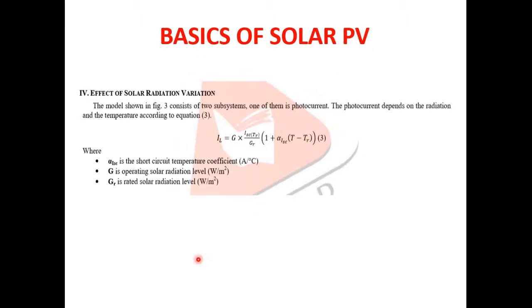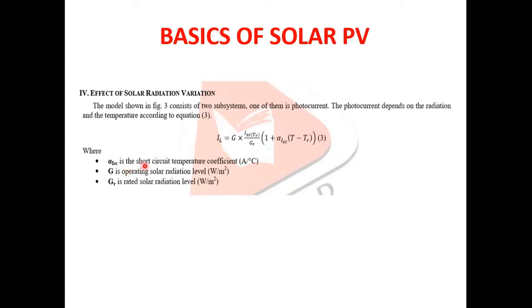Now, the effect of solar radiation variation. The model in the figure consists of two subsystems. One of them is photocurrent, and the photocurrent depends on the radiation and the temperature according to equation number 3. So the light current IL is given by G into ISC divided by GR, in bracket 1 plus alpha ISC into (T minus TR).